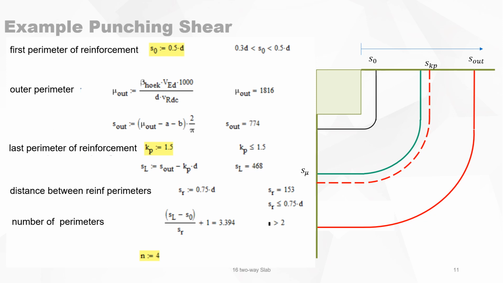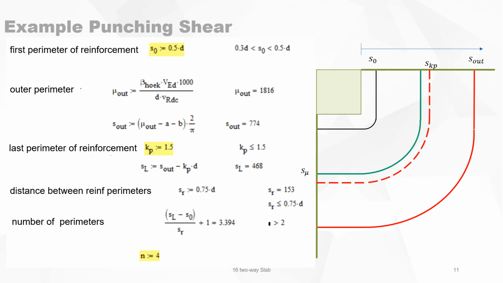The last one must be within the zone s_out and s_kp, and s1 is the first critical perimeter. So the first perimeter of reinforcement should be between 0.3 and 0.5 d, so we take 0.5 d.